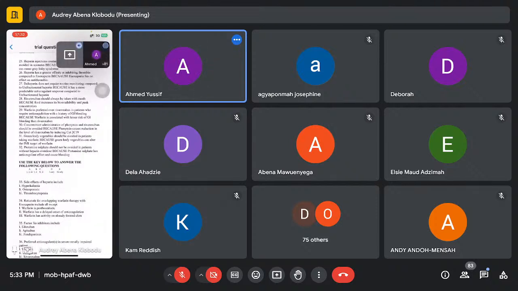Question 32. Protamine sulfate should be avoided in patients without heparin overdose.